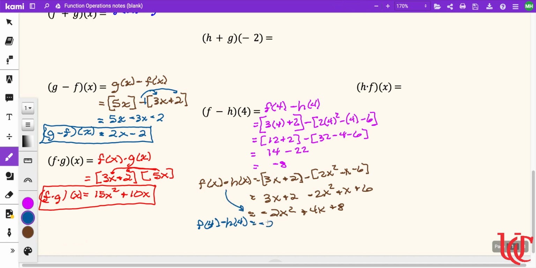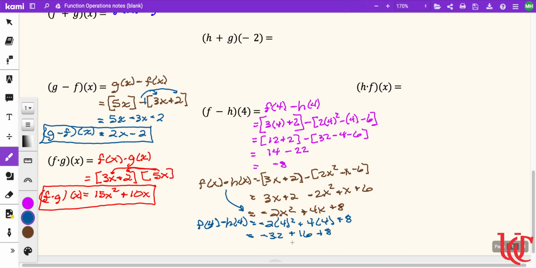So now I have negative 2 times 4 squared plus 4 times 4 plus 8. 4 squared is 16, and 16 times negative 2 is negative 32, plus 16, plus 8.